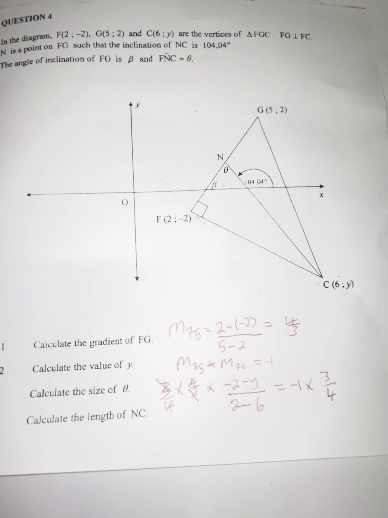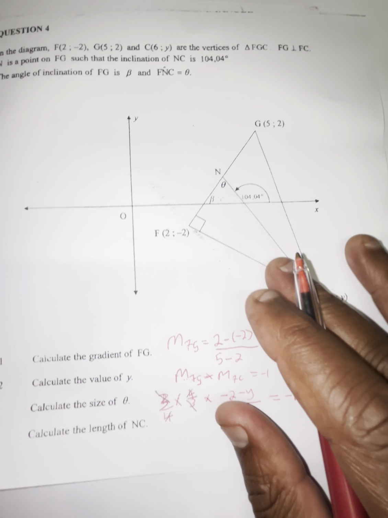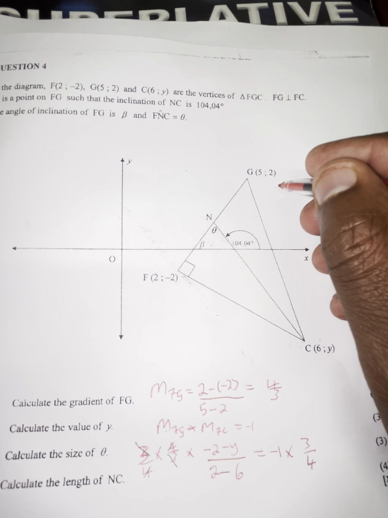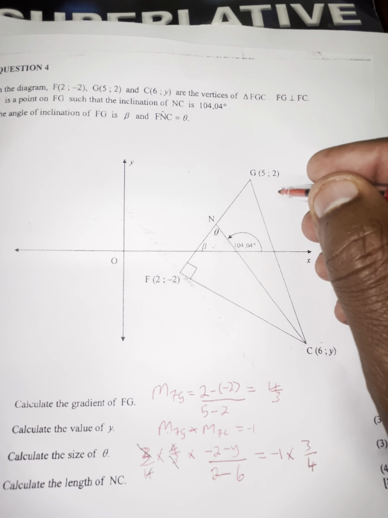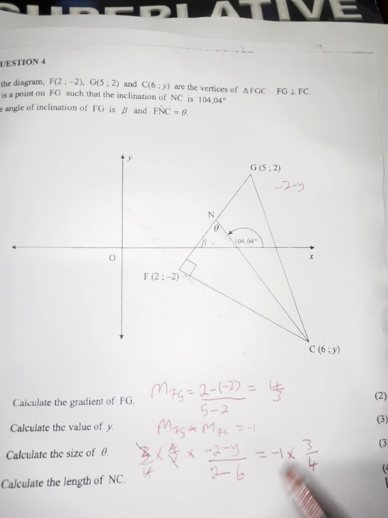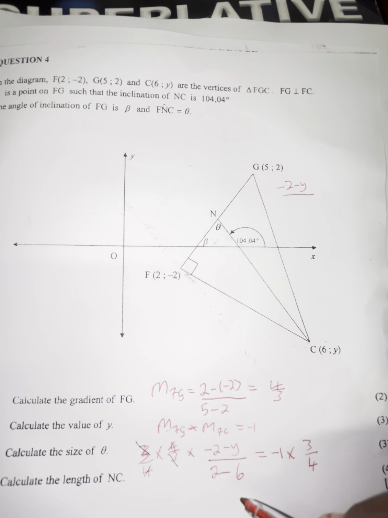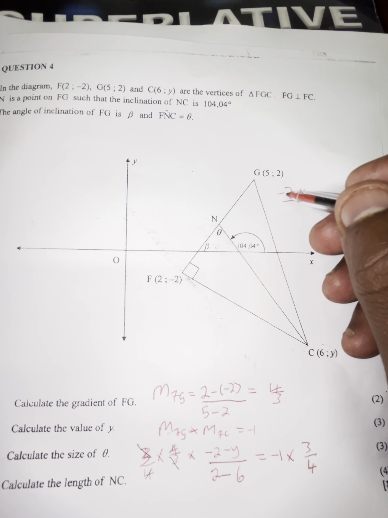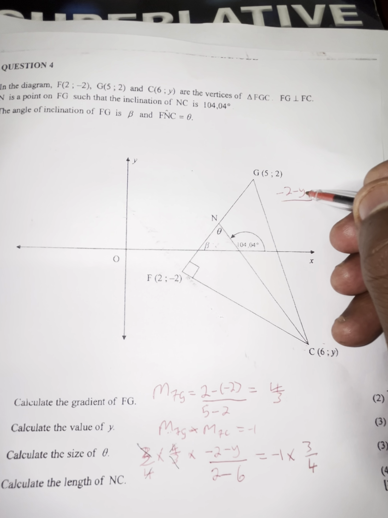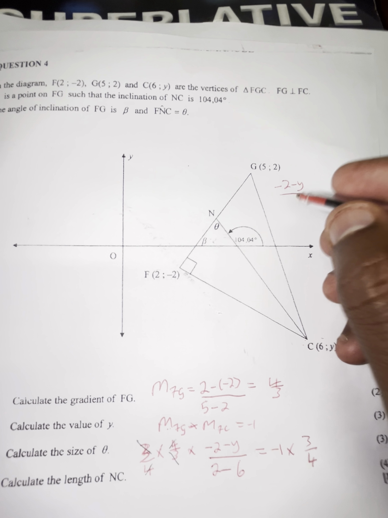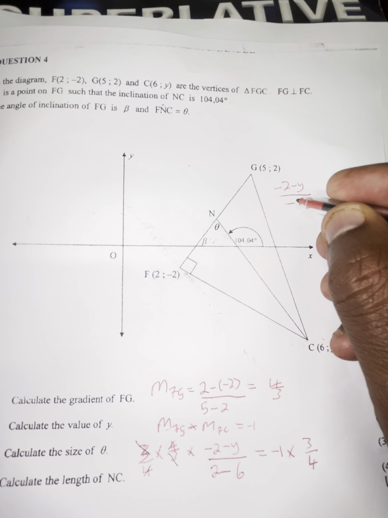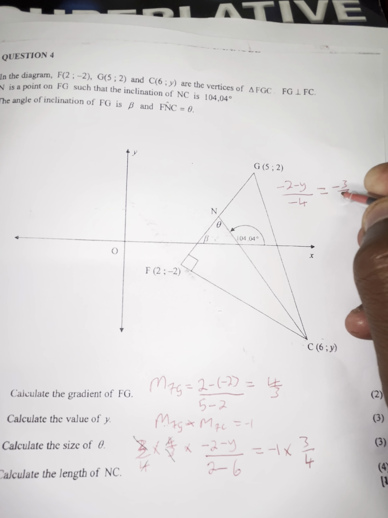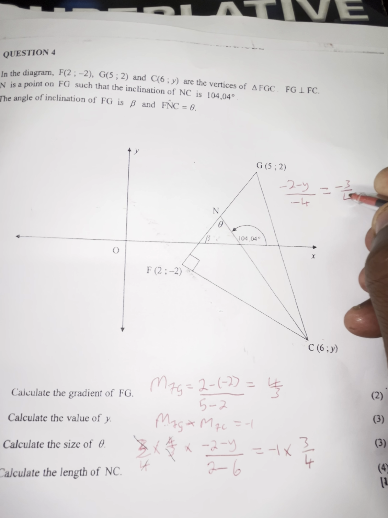Now we remain with negative 2 minus y, divided by 2 minus 6, which is minus 4, equals negative 3 divided by 4.